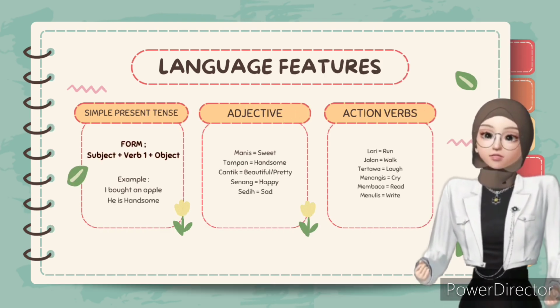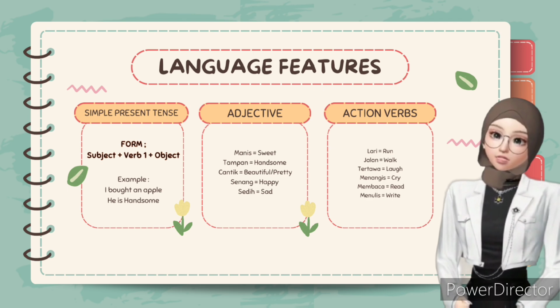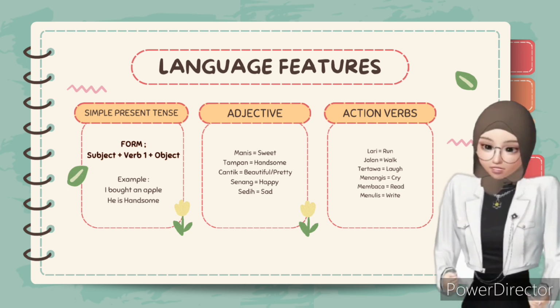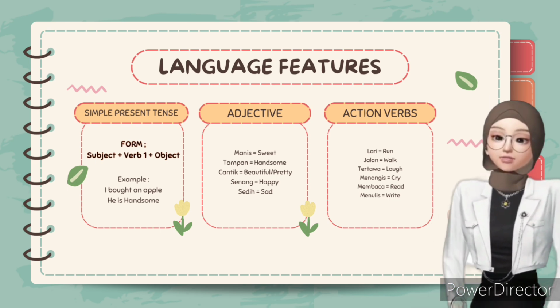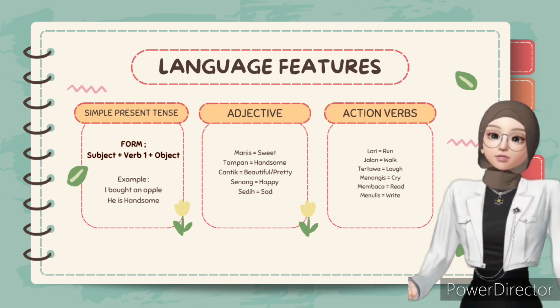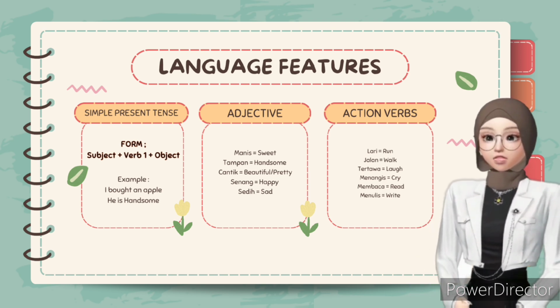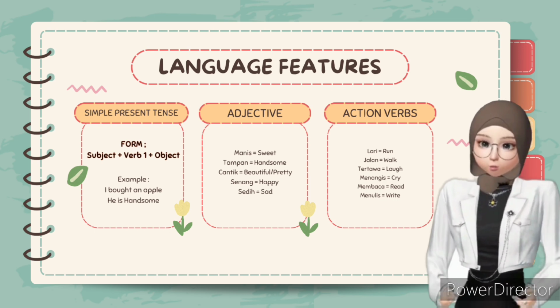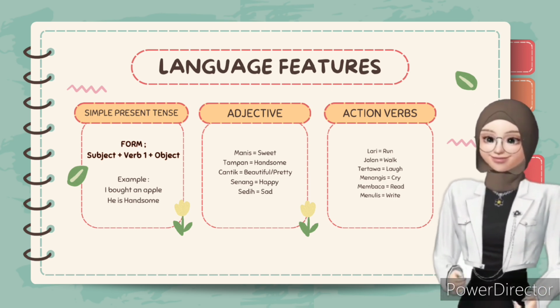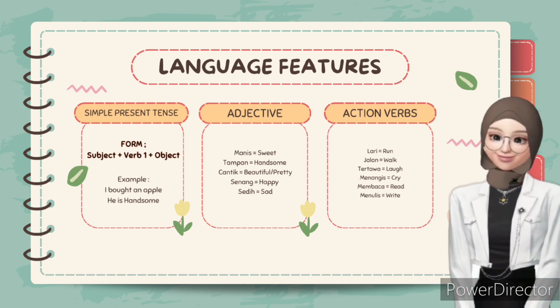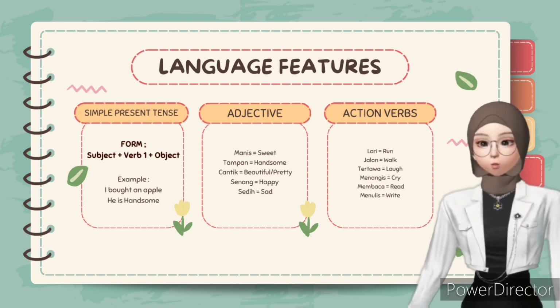Next thing we have to do in writing descriptive text is use language features. The first one is simple present tense. We have learned about it before. The form is subject plus verb 1 and object. For example, I bought an apple, or he's handsome, she's beautiful, and anything. And the second one, we have adjective. Do you still remember what adjective is?